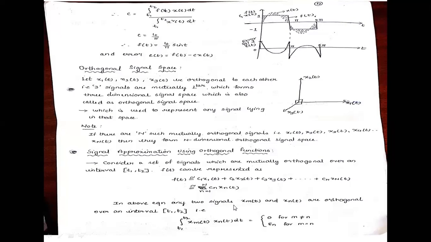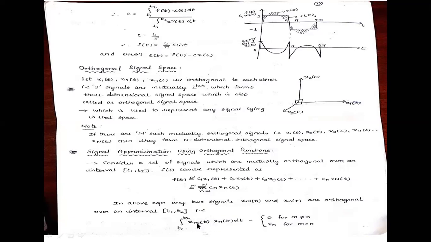If both are not equal, two different signals, then it is 0, and we can say they are orthogonal or mutually perpendicular.